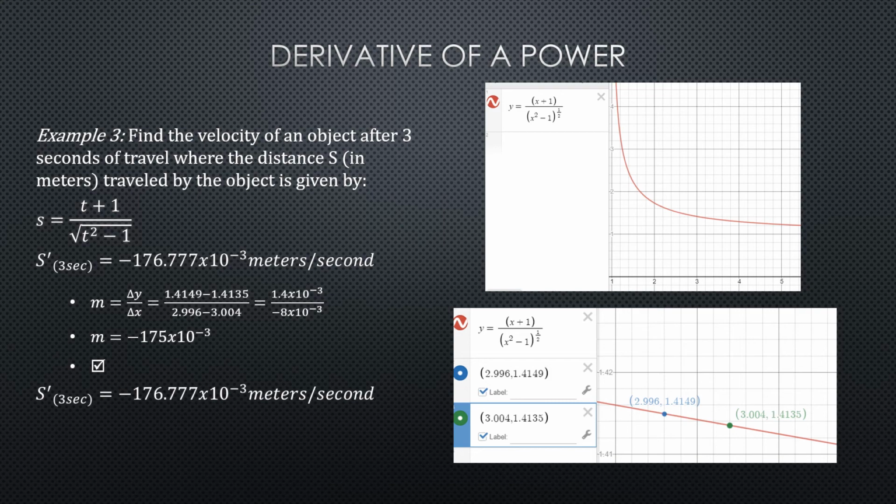That gives us a roughly measured slope of negative 175 times 10 to the minus 3 at 3. And so that checks out. That looks really good. That's very, very close to our calculated rate of change using calculus.